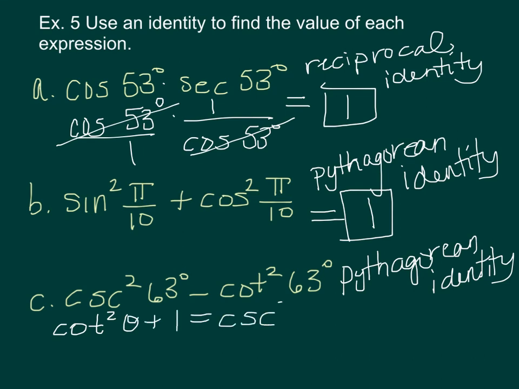What would happen if I subtract cosine minus cotangent? So if I move this over, what does that equal? Cotangent squared. I'm left with 1. So that means that this answer is also 1.